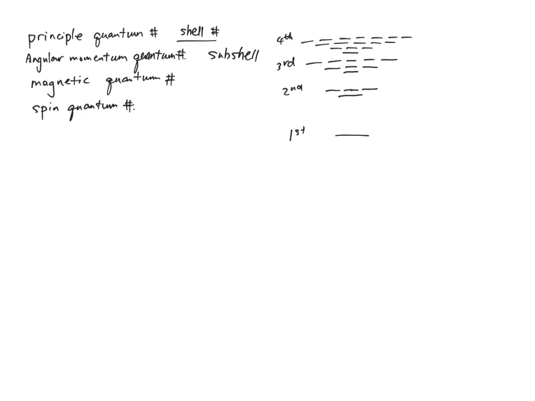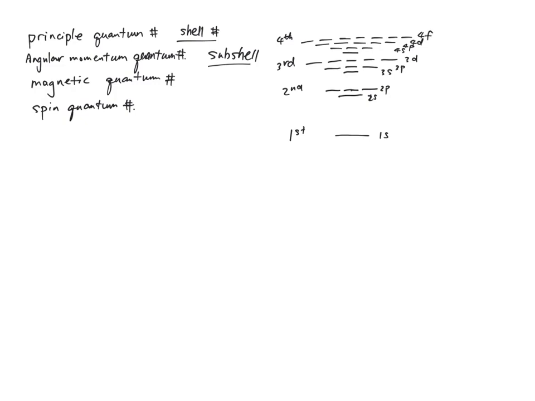The angular momentum quantum number represents the subshells. That's the 1s, 2s, 2p, 3s, 3p, 3d, 4s, 4p, 4d, 4f.